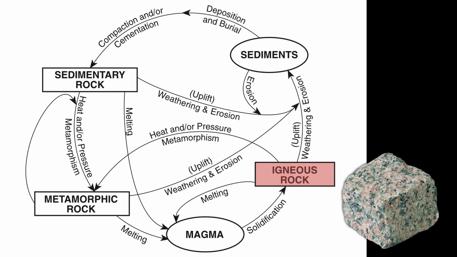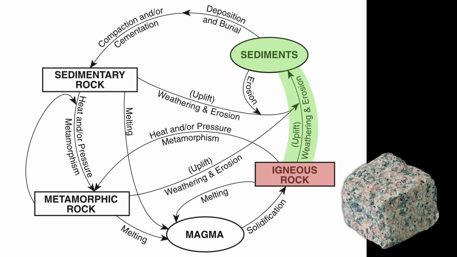There's a handful of possibilities. The first thing that could happen is our granite could be lifted up, forced up from beneath the ground, where it's exposed to weathering and erosion. The wind, the rain, the ice, these forces break this rock down into little small pieces called sediments. So now our granite has been broken into small pieces of granite.